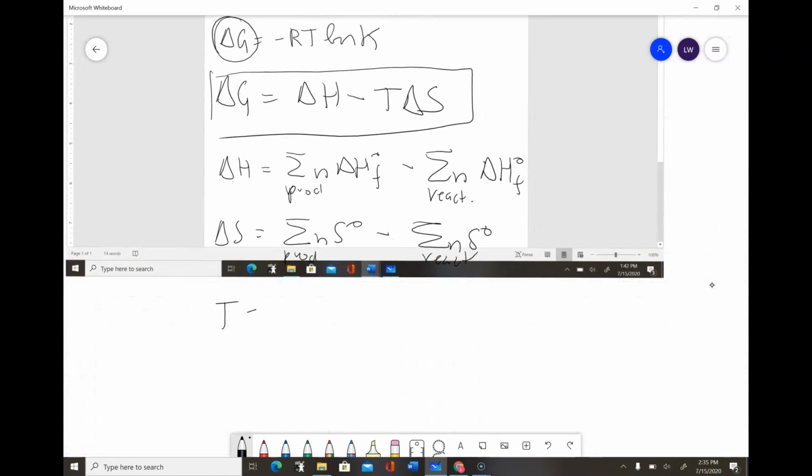And then T is going to be 373.15 Kelvin or 100 degrees Celsius. So once I've got that worked out, then I can go ahead and get my delta G using my delta H minus T delta S. Now, once I have my delta G, I'm going to plug it into my top formula there, and I'm going to get my final answer.